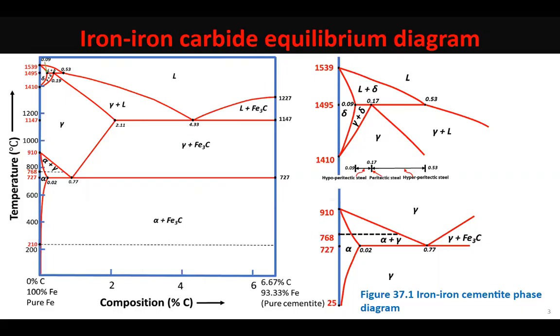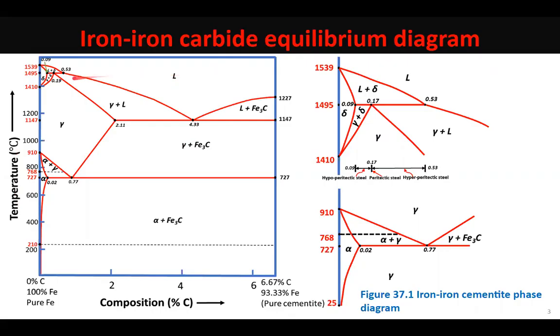So before I actually get into the details of this diagram with you, let us first see what the various phases are that appear on this diagram, or in other words, whenever an iron carbon system is treated under strict conditions of equilibrium, what are the various phases that are seen in the iron carbon system. The first region that you can see, a single phase region, is the liquid solution.